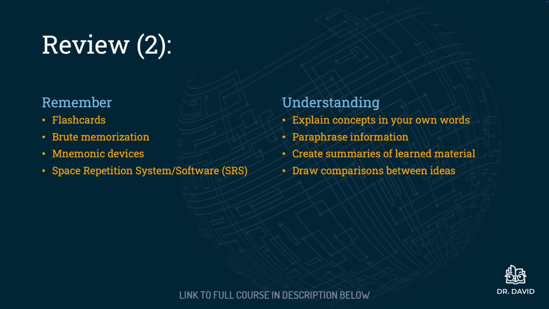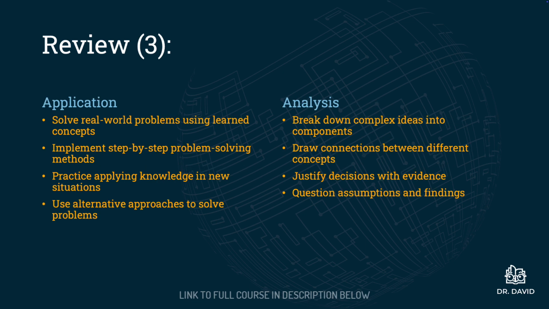For understanding, you can explain concepts in your own words, paraphrase information, create summaries of learned material, and compare and contrast ideas. For the application stage, you want to solve real-world problems using learned concepts, implement step-by-step problem-solving methods, practice applying knowledge in new situations, and use alternative approaches to solve problems.